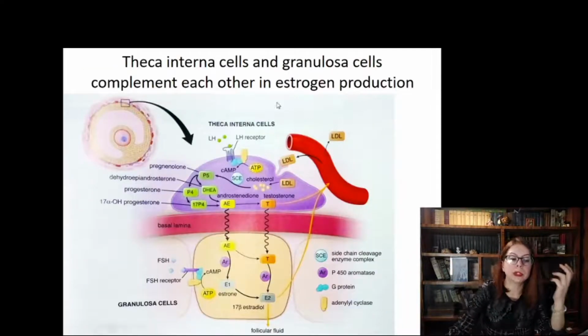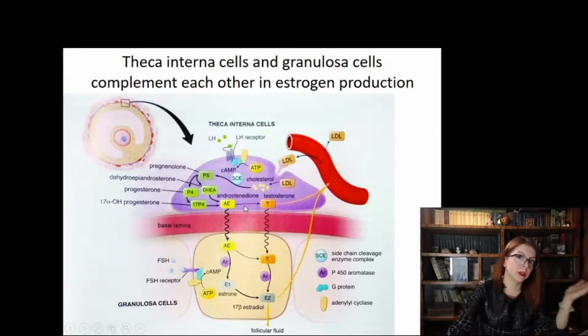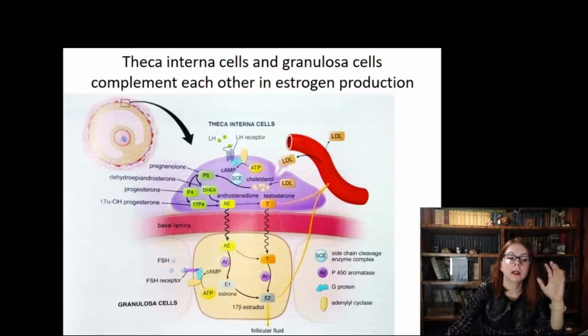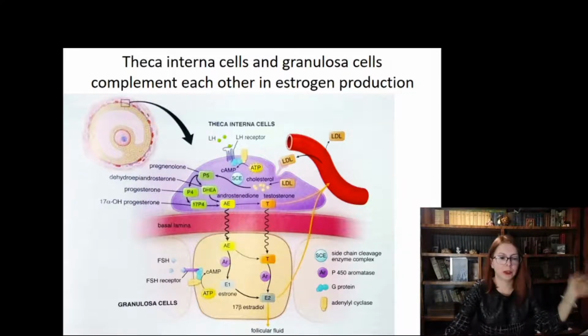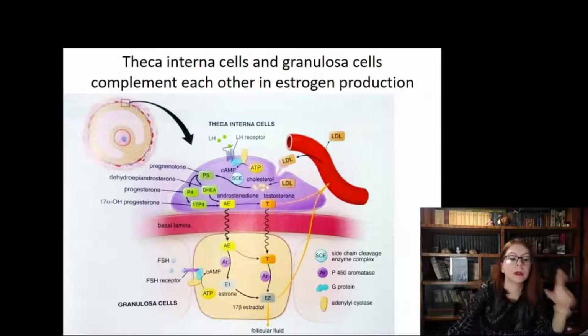It is important to say that neither theca interna nor granulosa cells contain the full set of enzymes to produce estrogens, so they should work together, and different steps of estrogen synthesis are performed in either of them. So let's trace this process. This is very complicated, but you have to comprehend it in general. Besides, this photo is taken from the last edition of Histology, written by Ross, because it is not present on the internet.